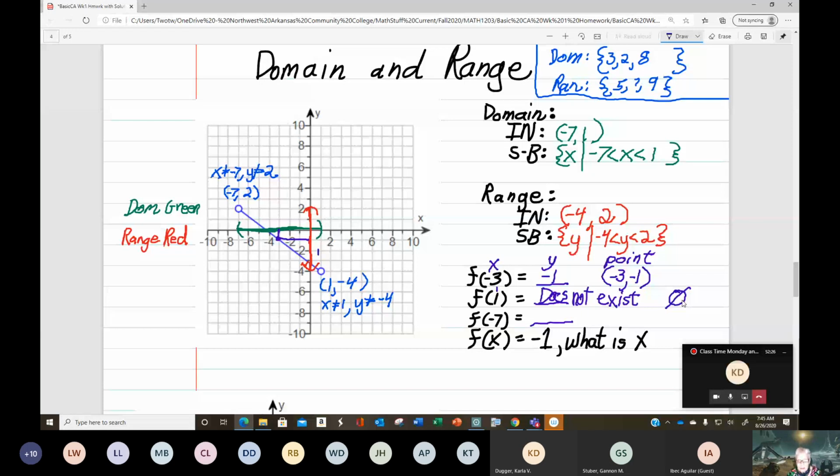All right, well, let's go to f of -7. Well, it would be 2. But guess what? X equals -7 does not exist. So again, we're going to put D and E, does not exist.